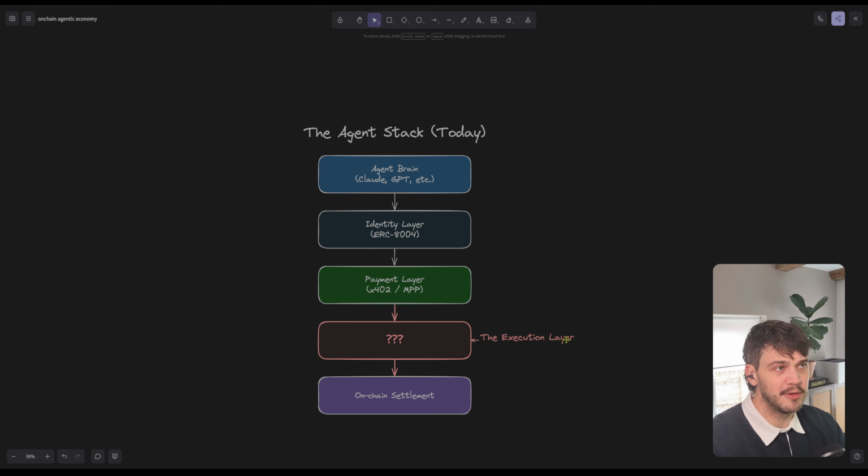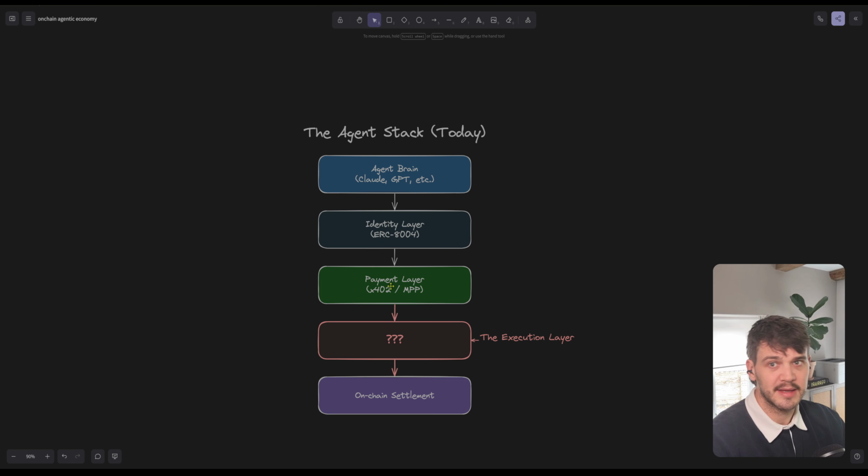And right now, this is where things often break. Think about what happens when an agent is managing a DeFi position and detects a liquidation risk. It decides that it wants to repay the debt. It authenticates via the identity layer. It pays for the execution service via x402 or MPP, and that works fine. But then the actual on-chain transaction, repaying the debt, fails.